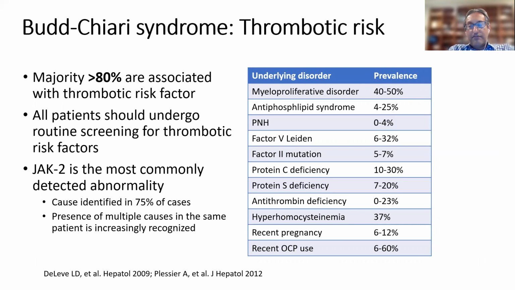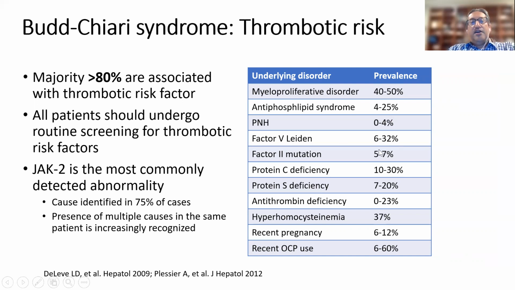So we have our hematology colleagues send the full thrombophilia workup. JAK2 is the most commonly detected abnormality that we see, which can be seen in up to 75% of the cases, although there can be multiple causes in the same patient.